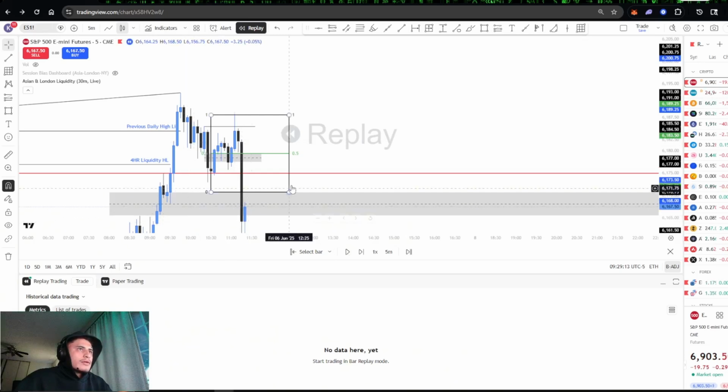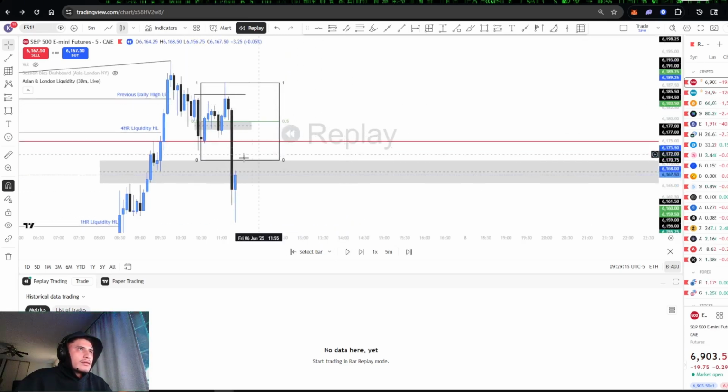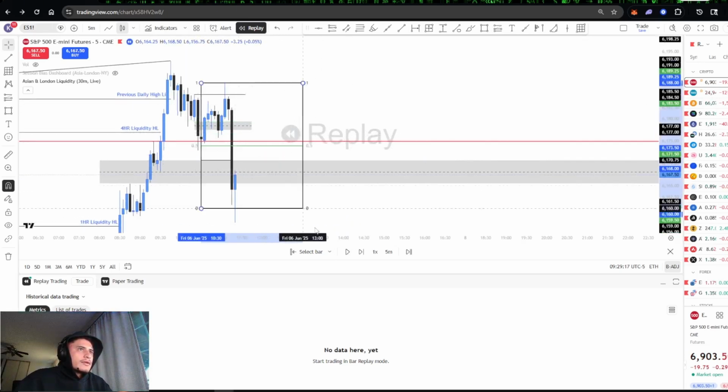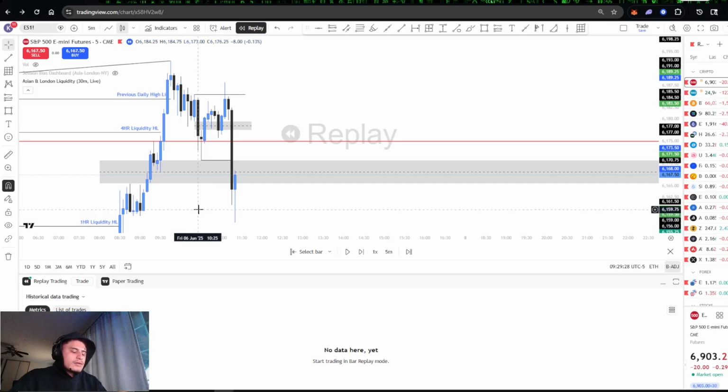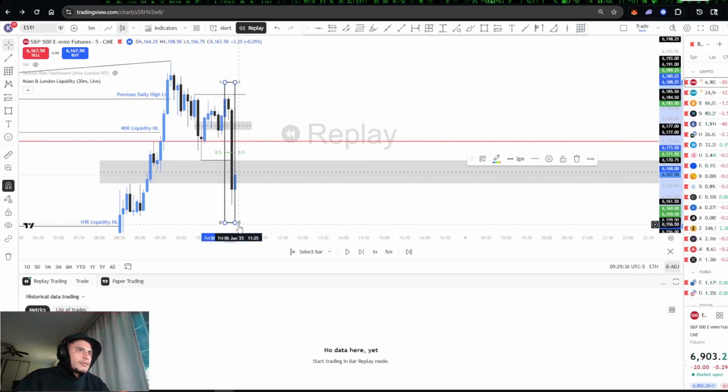There we go, retraced it back down to the downside right there. So that's perfect. That's perfect to the downside. Now we would mark our lowest lows, so lowest highs, from here to up there, to up here.